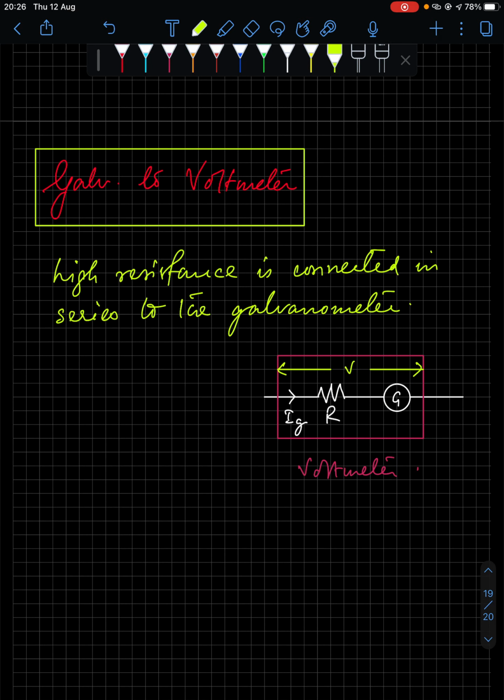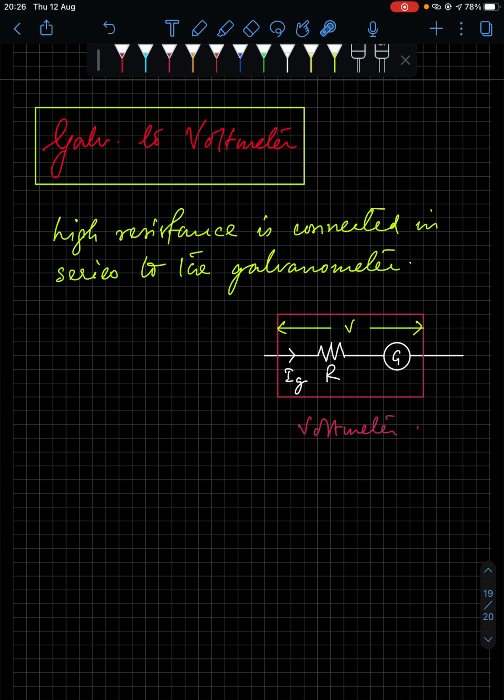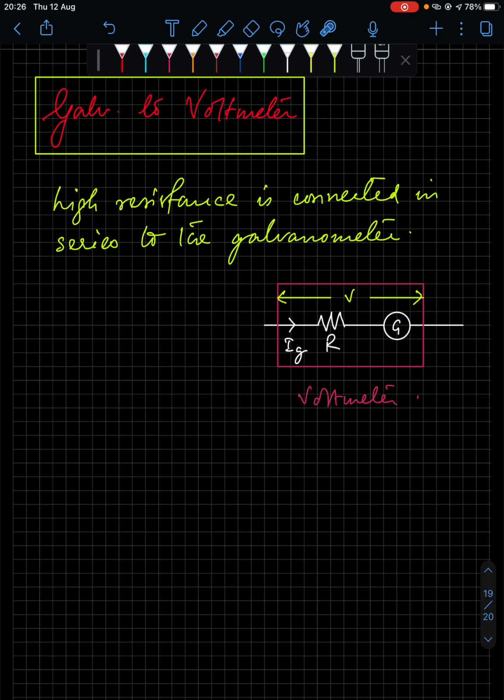So we have galvanometer to voltmeter conversion next. Whenever you want to measure the potential difference, you have to stop as much current as you can. You can stop the maximum amount of current only when you have very high resistance for the setup, right? Therefore you connect a very high resistance in series with G, the galvanometer resistance.